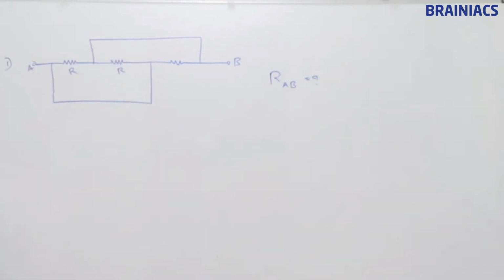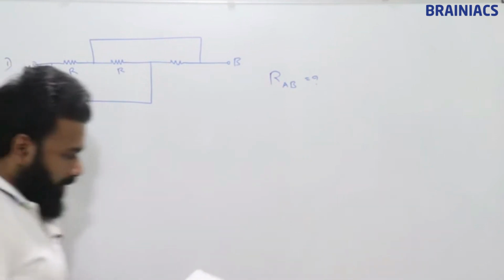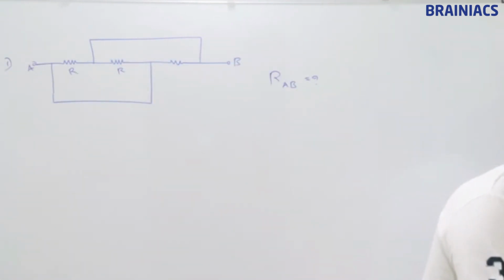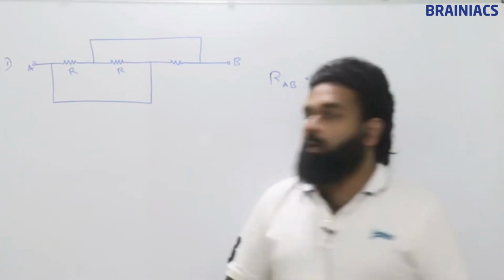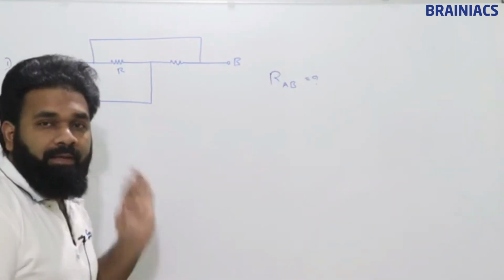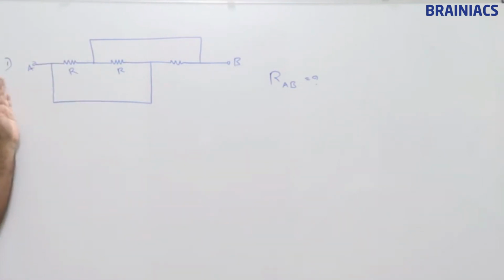Now how to solve these kinds of problems? Here we cannot see a series combination or parallel combination directly. We are not able to recognize any series or parallel combination. So what should we do?